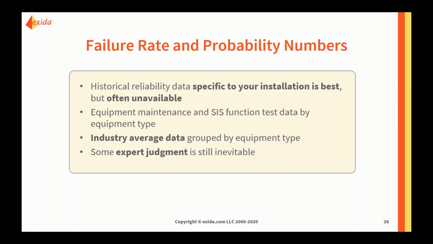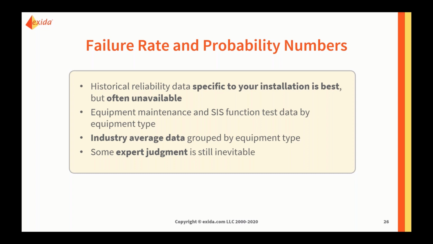Instead, a lot of times we'll be going back to industry average data for failure rates and failure probabilities grouped by equipment type. And a lot of times we still need to fall back on the expert judgment of our risk analysis team to estimate what failure rates and what failure probabilities accurately describe each scenario that they are assessing.